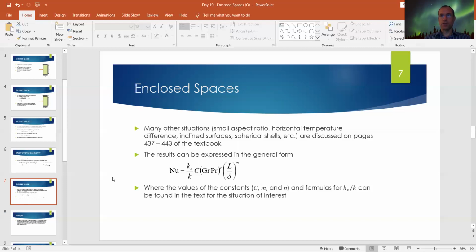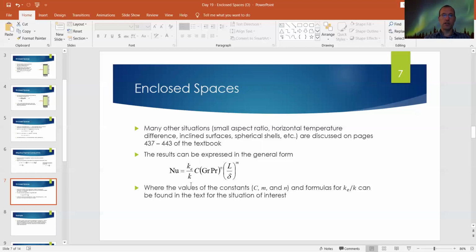This is like what we did for all the other convection cases. There's many geometries, many conditions. Just find the right geometry, find the right condition, find the right equation for that, and then go with the standard procedure. Most of the equations you're going to find on those pages are expressed in this form.